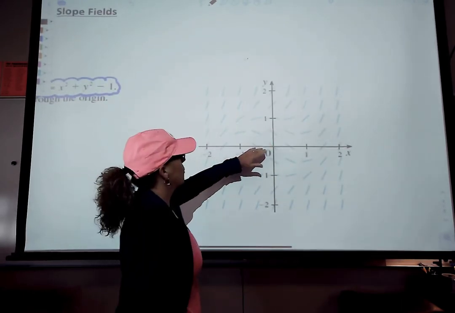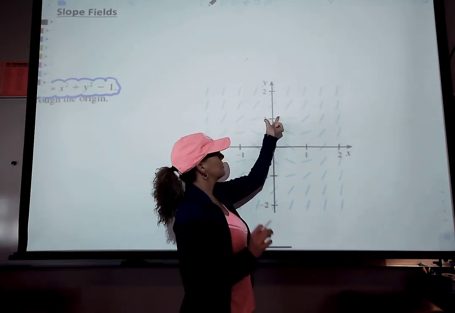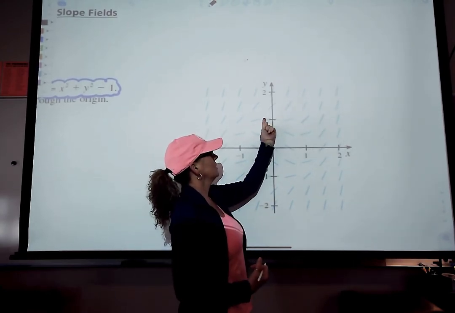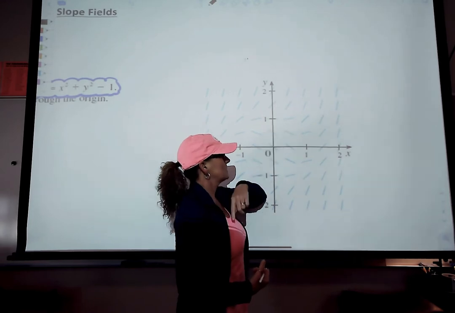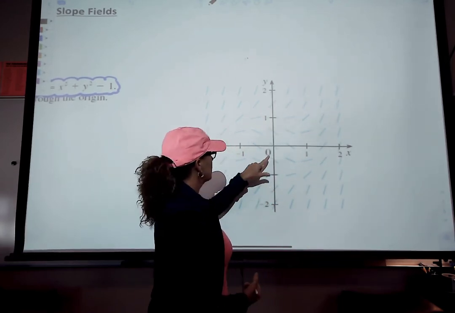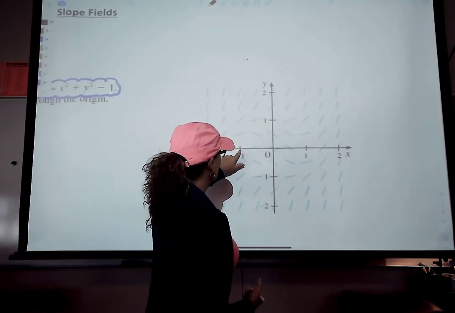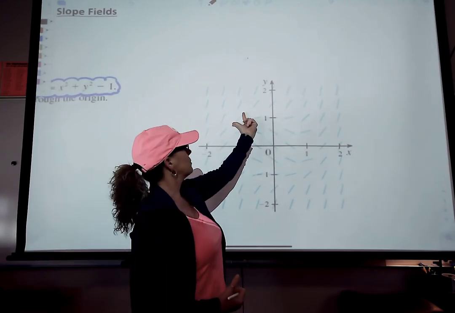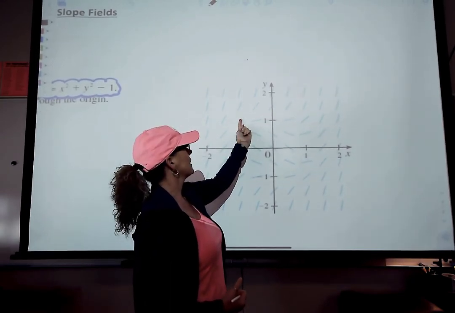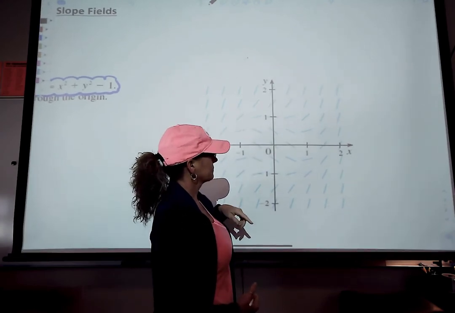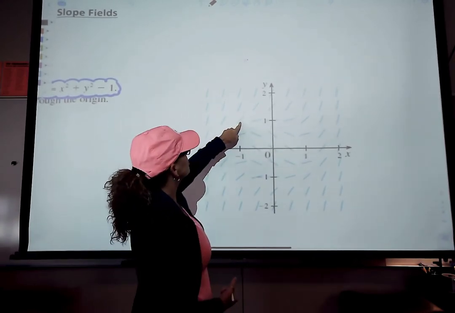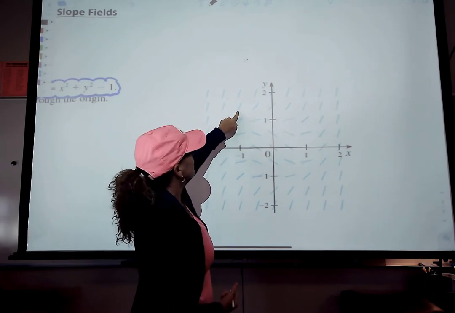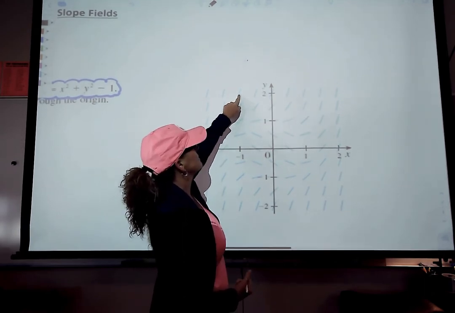So I would go to the point 0, 1, and I would put a small piece of a tangent line right there that had a slope of 0. And we determined that the point negative 1, 1 had a slope of 1. So I would put a small piece of a tangent line right there. This shows a slope of 1. This is steeper. This is steeper.